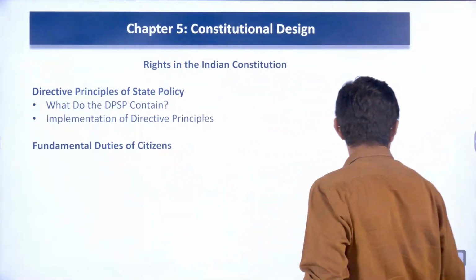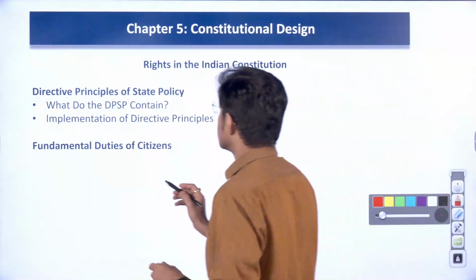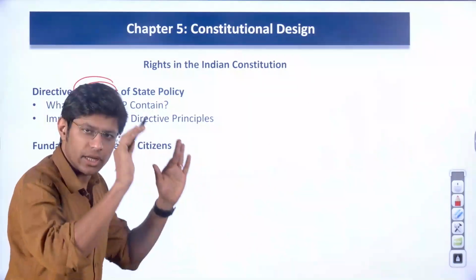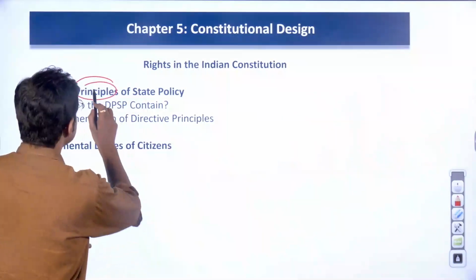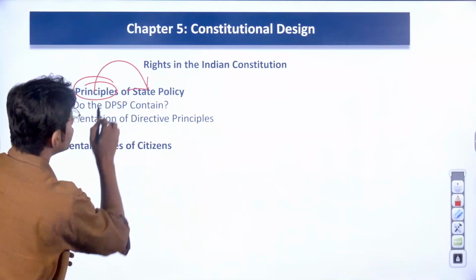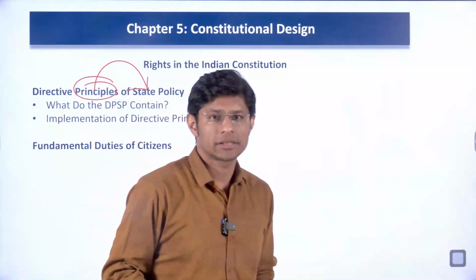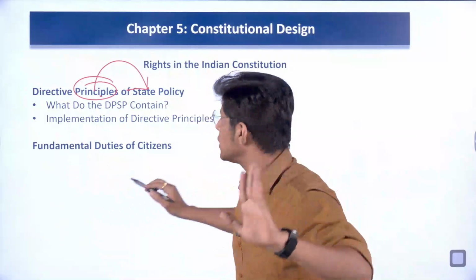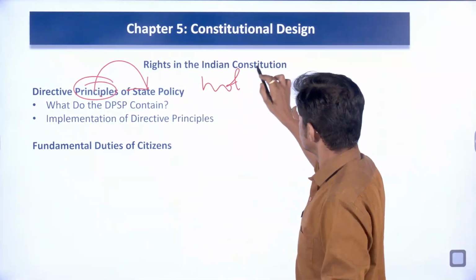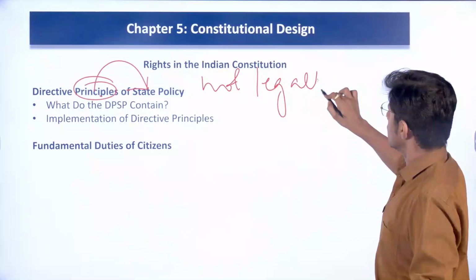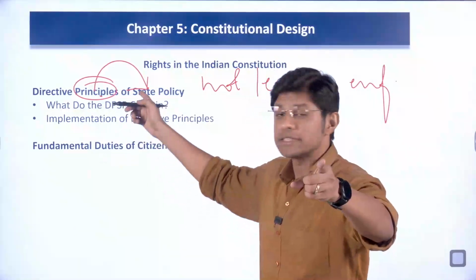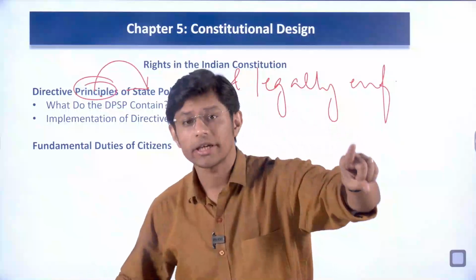Right? So, what are directive principles? See, these are the principles that are directed to the state, that is, to the governments. Now, these principles are not legally enforceable, which means if these principles are violated, you cannot approach the judiciary.